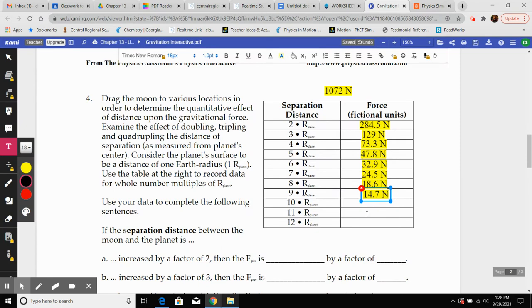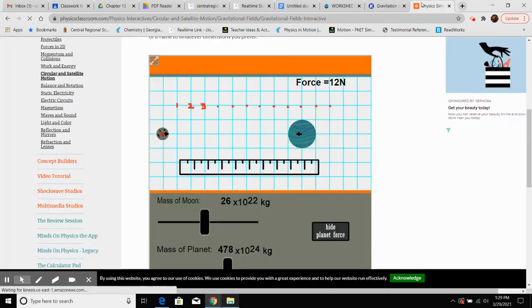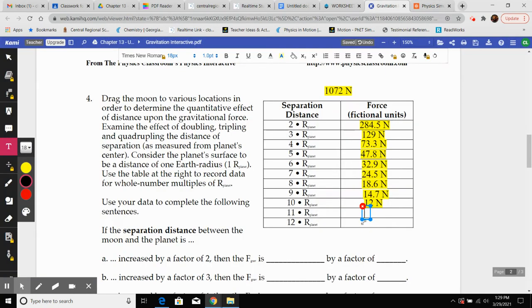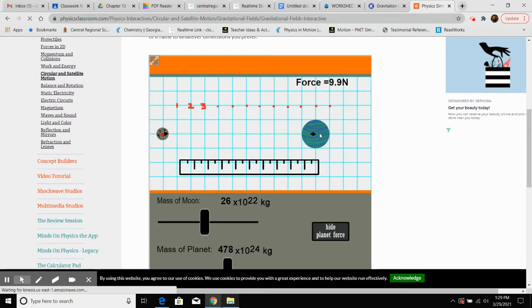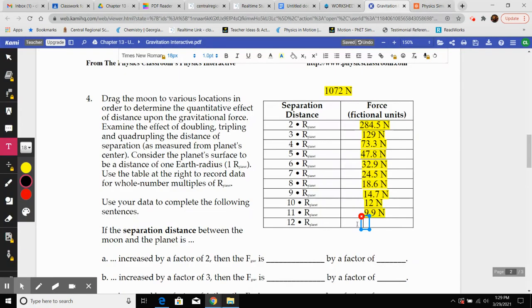Approximately 12 newtons. 11. 9.9. Approximately, give or take. All right, again, they're not all going to be 100% perfect with each other, but close-ish. And 12. 8.3.